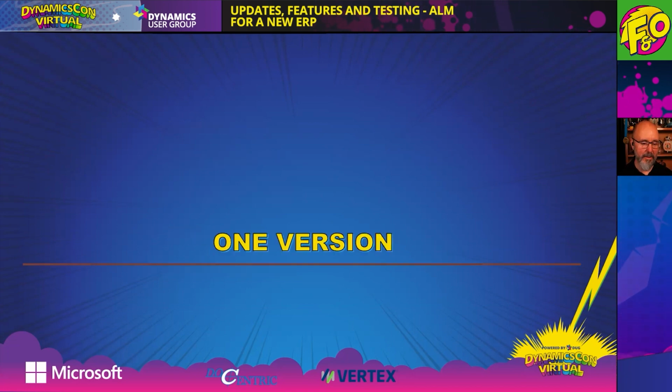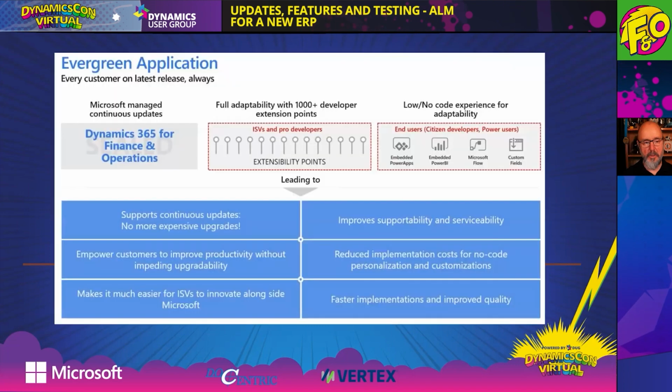So let's start off with one version. A couple of years ago, Microsoft implemented one version in finance and operations. And this is actually a very big thing. Because one of the things that they did is all around making the update cycle a bit easier. And the point here is that they have changed from what used to be called overlaying code, that we had in AX 2012, over to something called extensions.